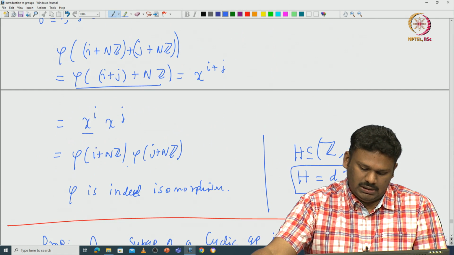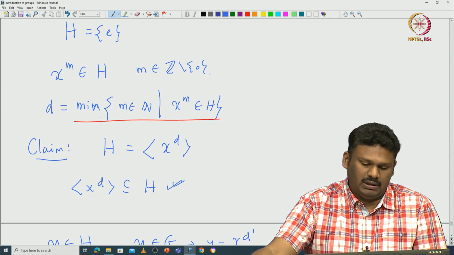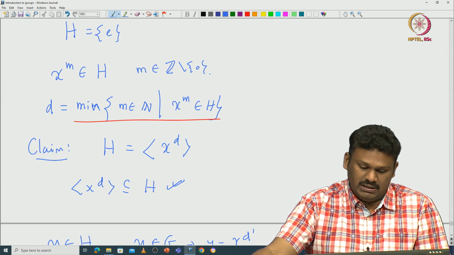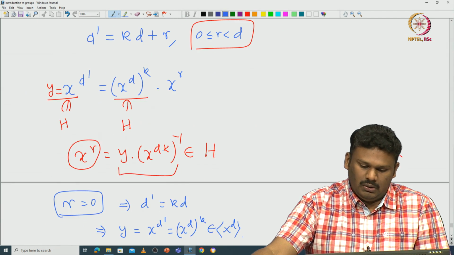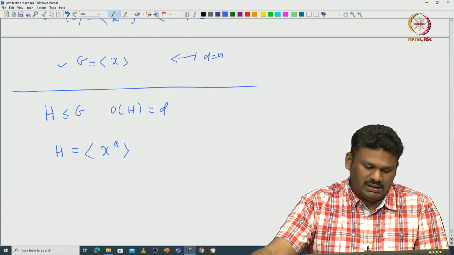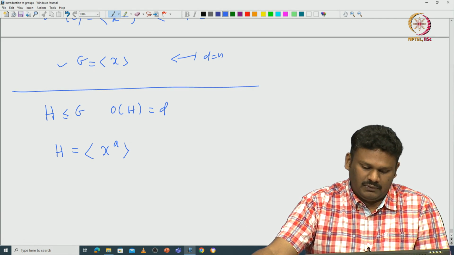So, we also picked a very particular power of that x such that it generates this subgroup. In particular, the subgroup that we started with, this H, must be generated by some x power, which we call x power a.